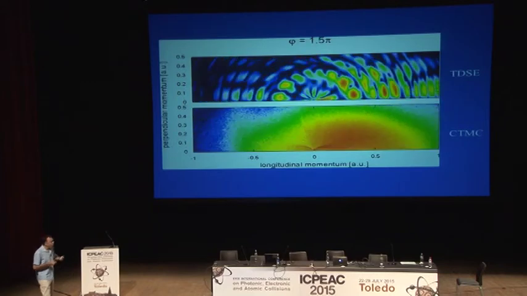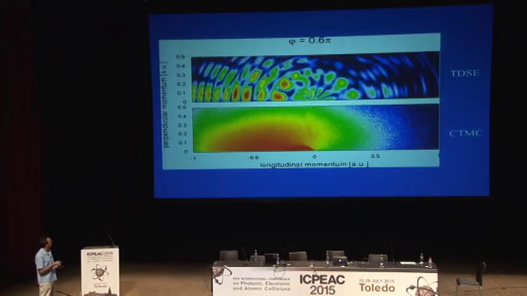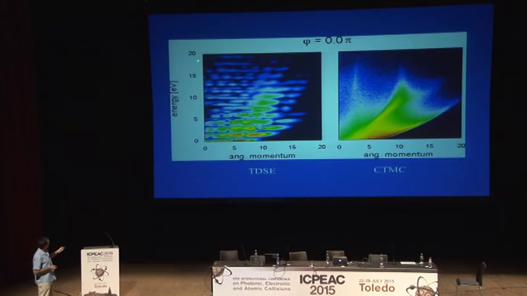But if we want to stress this quantum classical correspondence, we have also plotted the final distribution as a function of the kinetic energy and angular momentum of the electron. And of course, there are some structures in the TDSE calculation, for example, these horizontal stripes, which are a signature of multiphoton absorption, which is not present in the CTMC calculations, even though the general appearance is more or less conserved.